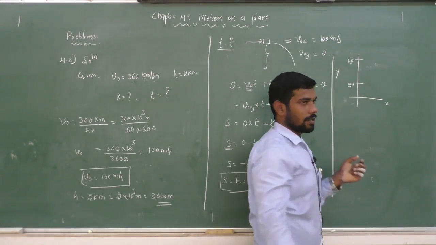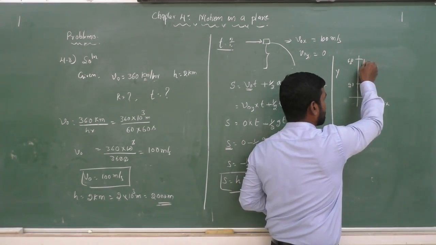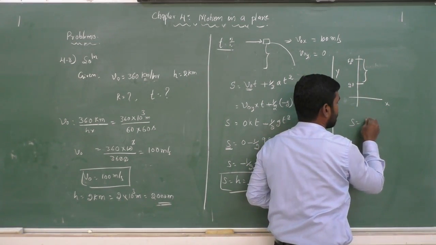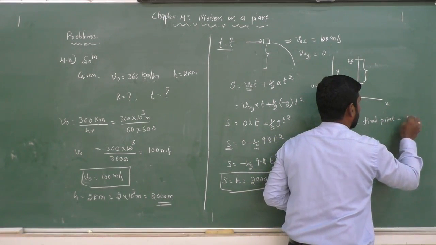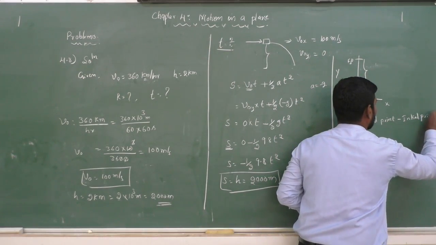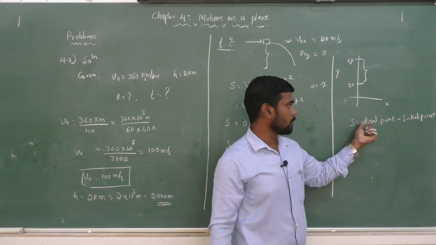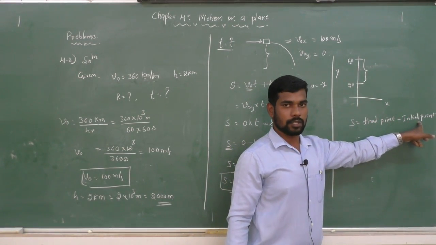You want to find the displacement between these two. The displacement S is the final point minus the initial point.